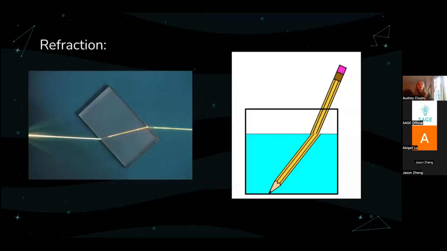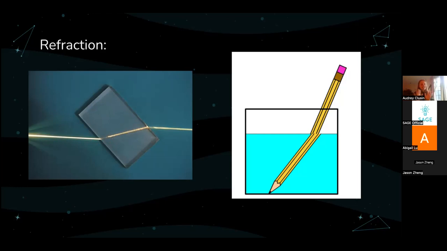Anyways, the weird wave-like properties of light are refraction, which is when light is traveling through one substance or one medium, you would call it, and then it travels into another medium and it gets bent a little bit. And a particle wouldn't do that. If you, for example, threw a ball and it was going through air and then it went through water, it would travel in a downward curve, but that's just because of gravity.